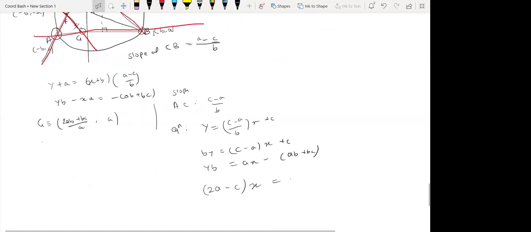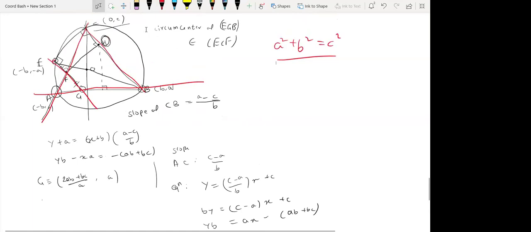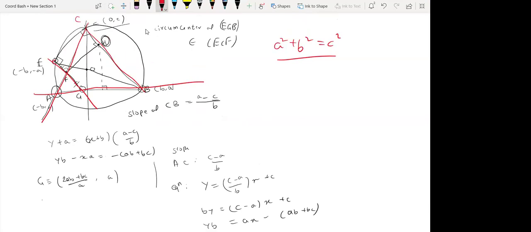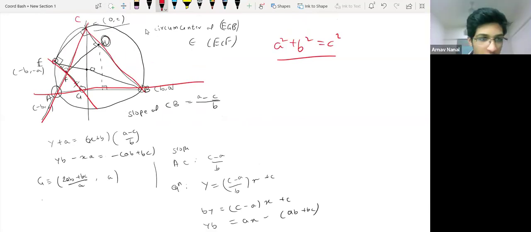So what do we plan to do after finding the slope of EG? How does that help exactly? No, we are trying to find the slope of AC, the equation of AC. Then we will intersect it to get F, and we hope to show F is the midpoint of EG.